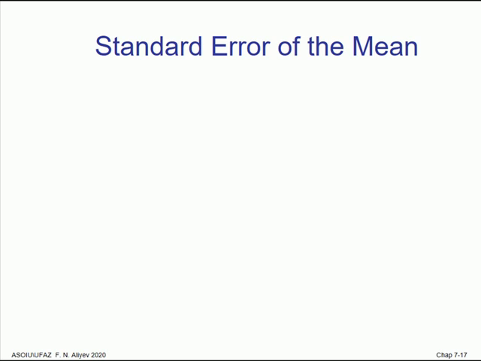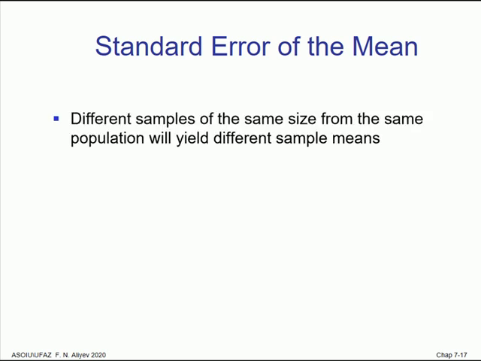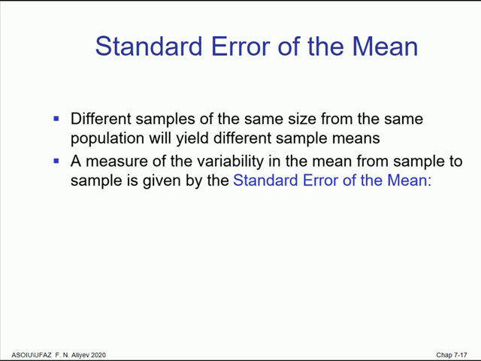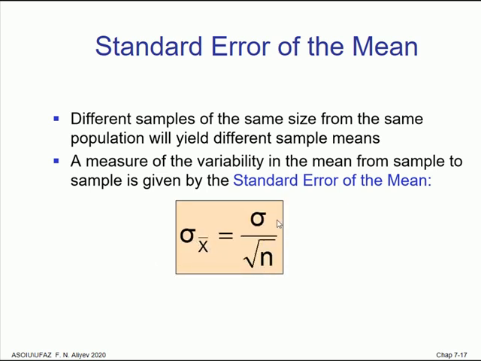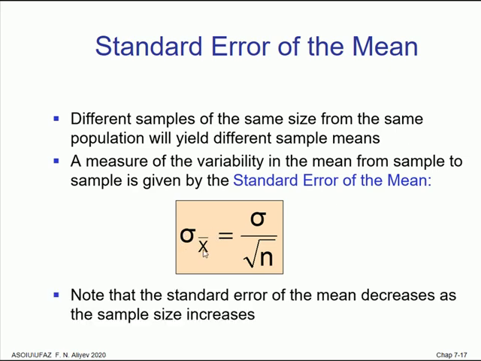The standard deviation of all sample means is called the standard error, and that is the relation between the standard deviation of sample means and the population standard deviation. The formula is very simple: the population standard deviation divided by the square root of n equals the standard deviation of sample means.